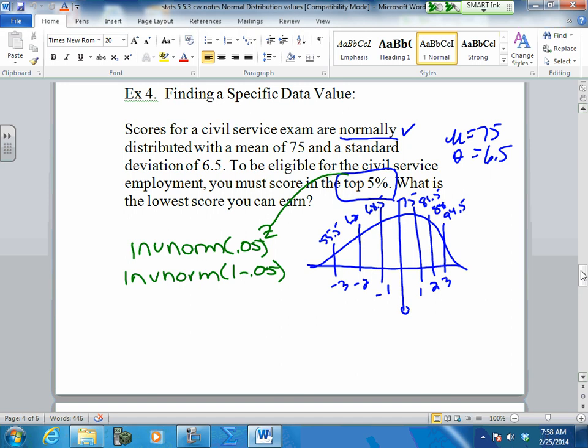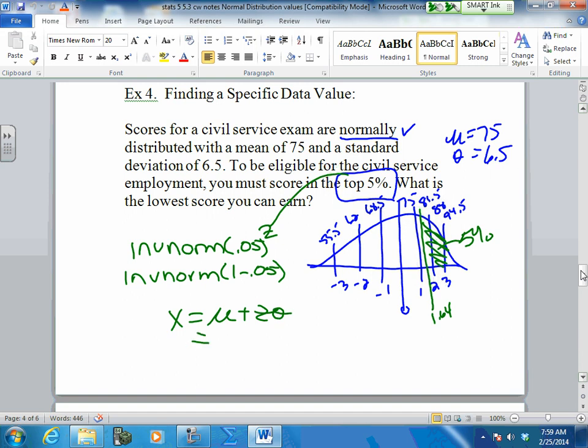So what do we get for a cutoff z-score? Thank you. -1.64, so we're going to turn it into the positive. So we're going to be right in here somewhere. I need to know what X value is associated with this z-score because this is 5% of my area. I want to know when I look at these exams what cutoff I'm looking at. So now I use my formula. It's just a transformation of your z-score.